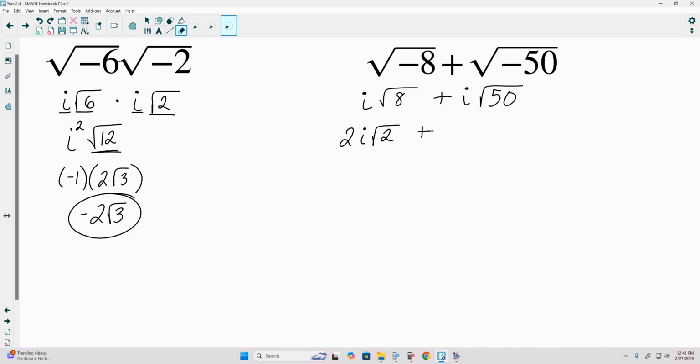The square root of 50 is going to become 5 square roots of 2, because 50 is the same as 2 times 25. Our square root of 25 is 5, so it comes out. 2 stays inside.